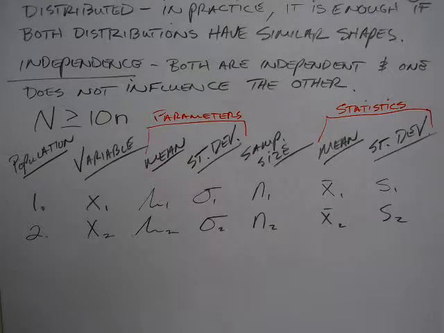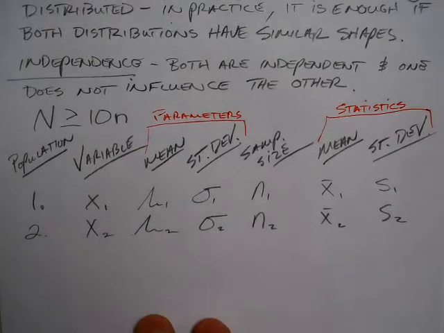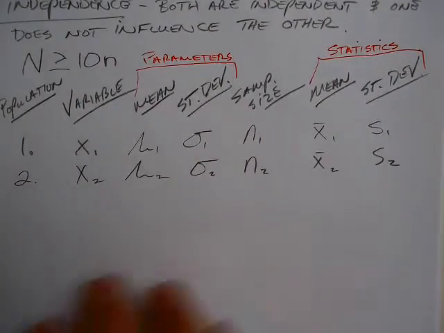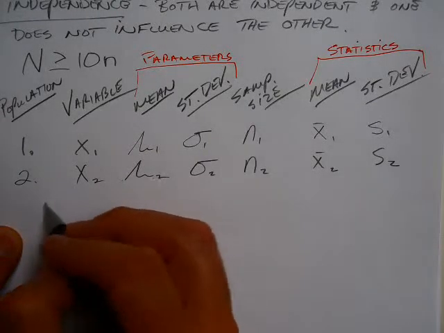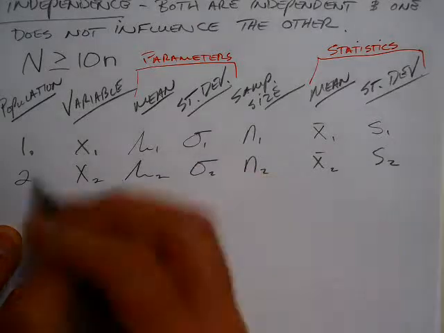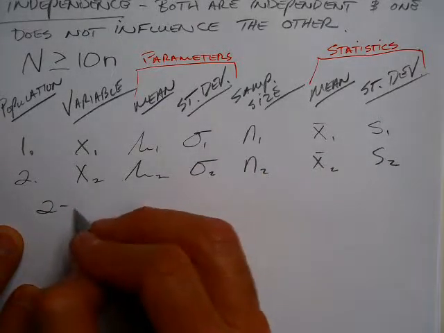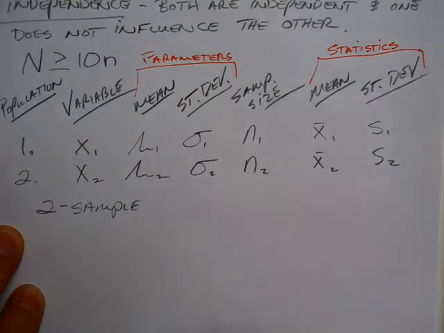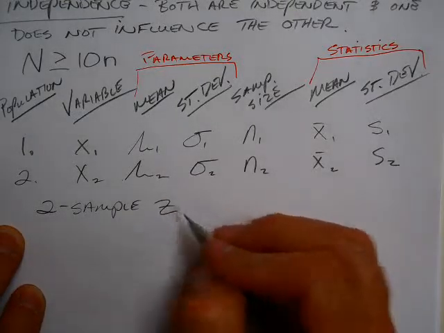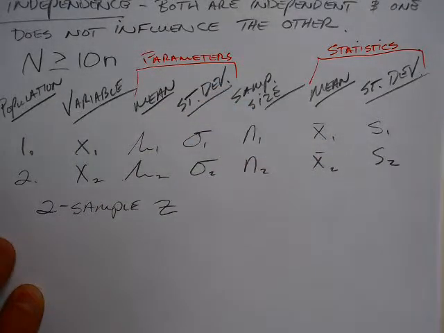Now, we've done a lot of standardizing at this point. This is no different. This is going to give us a two-sample, not this, but the next thing I'm going to show you, a two-sample z statistic. Why z? Because we have normality.